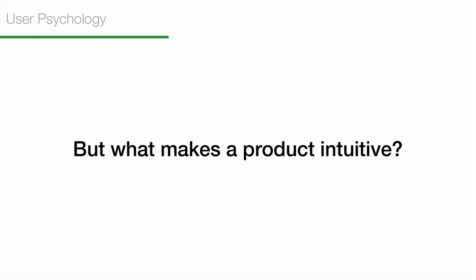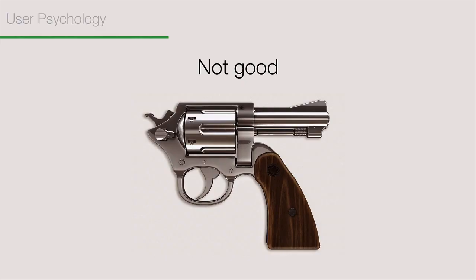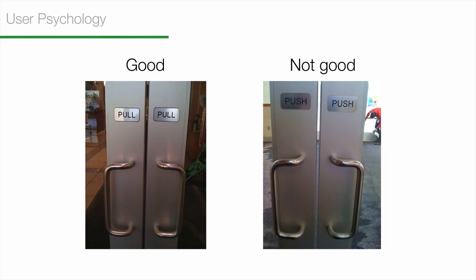But what makes a product intuitive? And obviously there's a good example here of a product that isn't very intuitive. You're going to have a bad result as a result of using this type of product. And two examples of designing a door at a fundamental level.